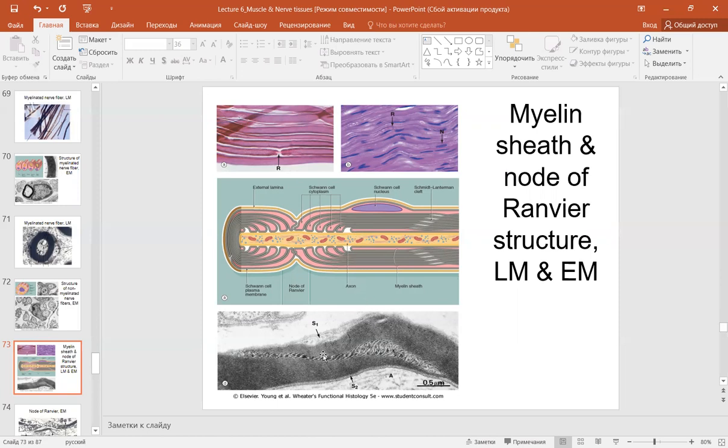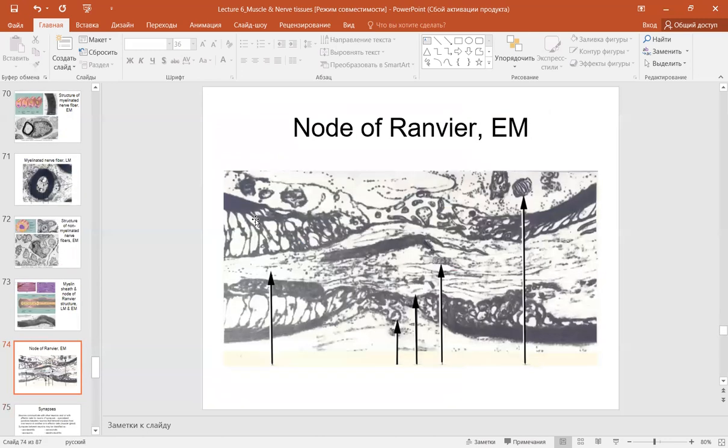And here you have the Schmidt-Lanterman incisures, where the cytoplasm of the Schwann cell is arrested in the mid position of the myelin sheath. Here you have the electron micrographic representation of the node of Ranvier, where the myelin sheath is not present, is lacking. Here you have myelin sheath, here you have axon surrounded or enveloped by this myelin sheath.